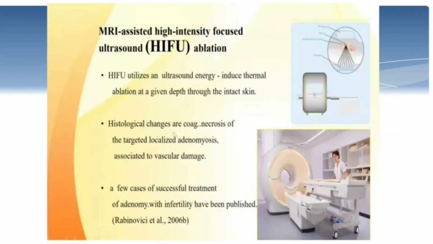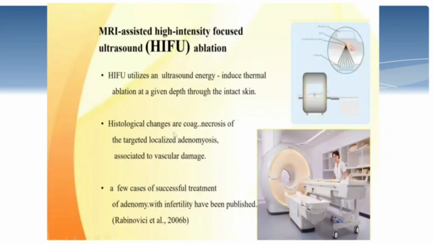Okay, that is a figure showing the device for HIFU, that is MRI-assisted high intensity focused ultrasound ablation. What it does, we use the ultrasound energy that induces thermal ablation at a given depth through the intact skin. Then histological changes are coagulation necrosis of the targeted localized adenomyosis and associated vascular damage.